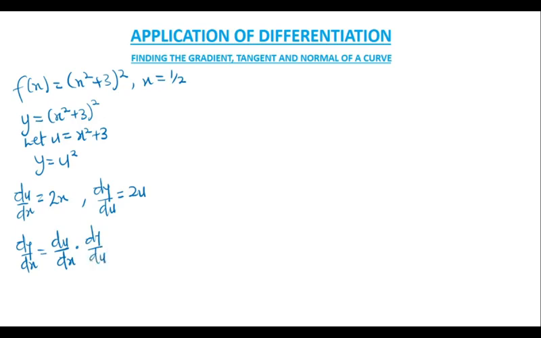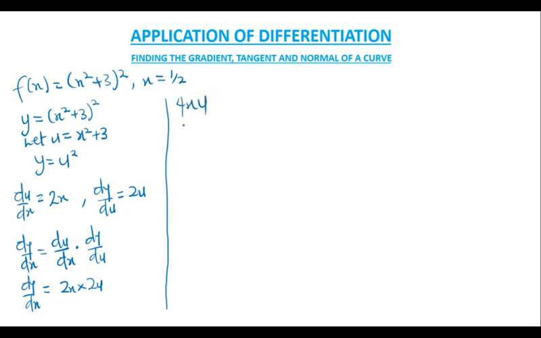You can see from here, du cancels du, so we have dy/dx. So dy/dx is equal to 2x multiplied by 2u.